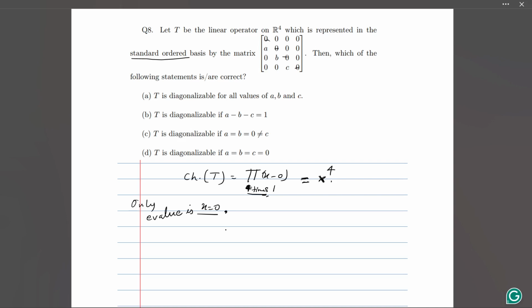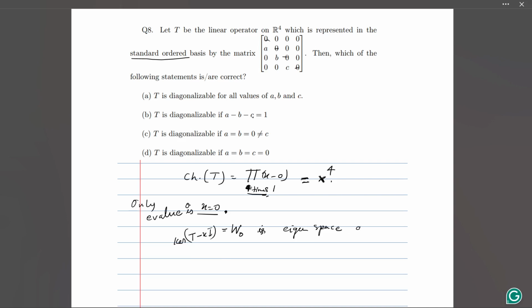Okay. So once you have eigenvalue 0, corresponding to eigenvalue 0 you will get only one eigenspace, W0. W0 is what? P minus xI, meaning A here.